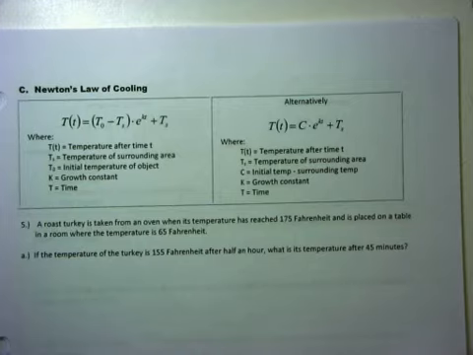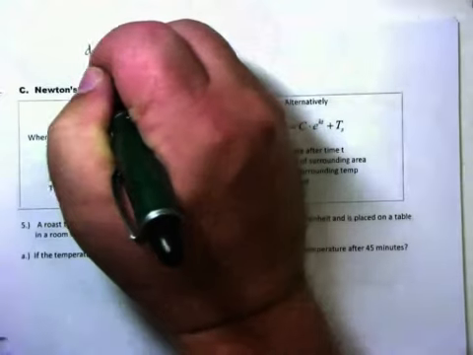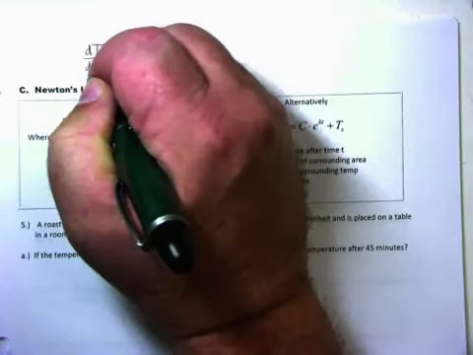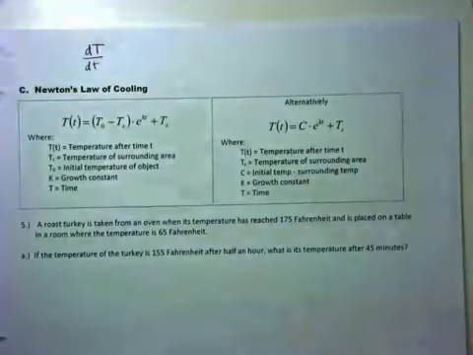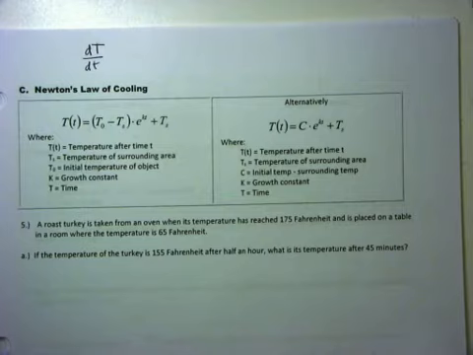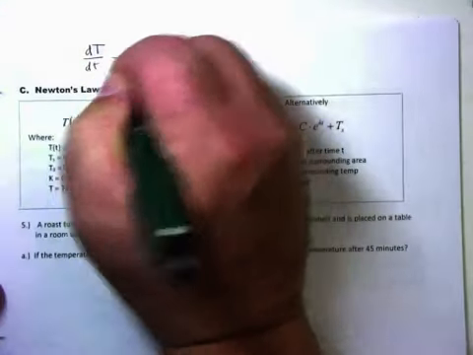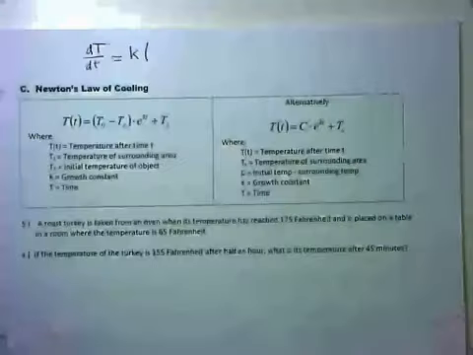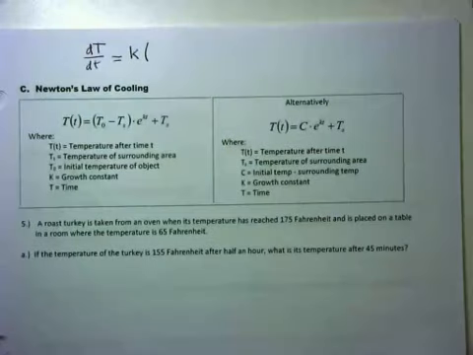What does rate of change mean to you? Derivative. So the derivative of the temperature of an object, that would be big T over little t with respect to time. So big T is temperature, little t is time. So the derivative of temperature with respect to time is equal to some constant of proportionality k times the difference between the temperature of the object and the surrounding temperature.